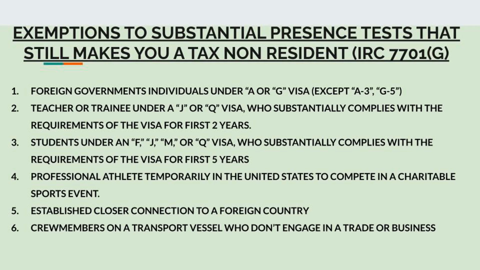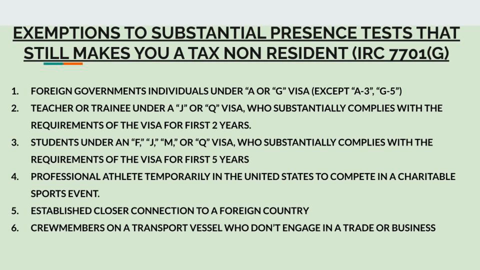So number 1, if you're a foreign government individual under A or G visas, with the exception of the A3 and G5 visas. The second one is if you're a teacher or a trainee under a J or Q visa who substantially complies with the requirements of the visa for the first 2 years.